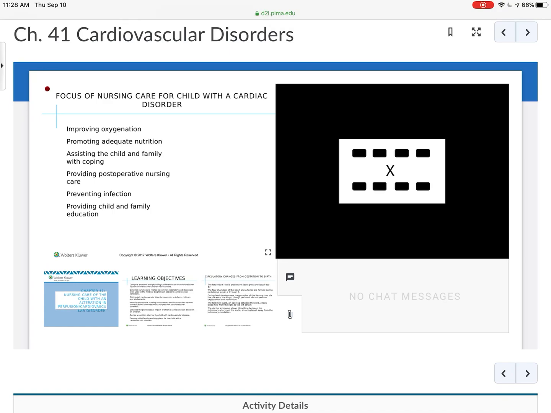And so the goal is to improve the oxygenation. So if they have a defect that makes their oxygen level low, you want to improve that. Again, nutrition, diet, exercise, and then family coping. It's very hard with any congenital defect for parents to accept this. Post-op care if they have any surgeries, preventing infection, and then education.